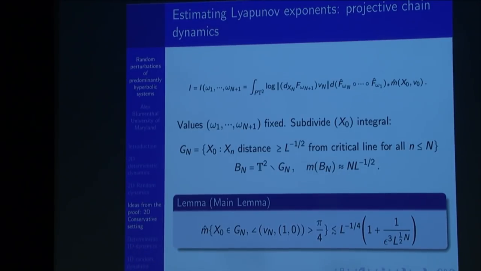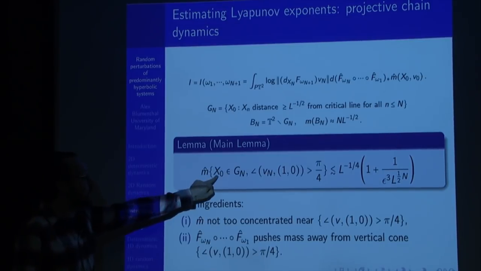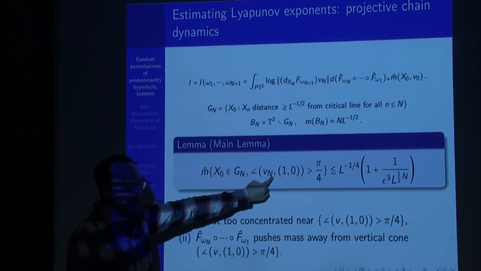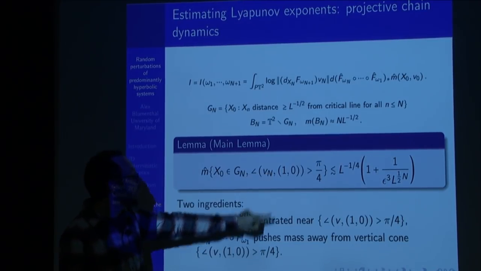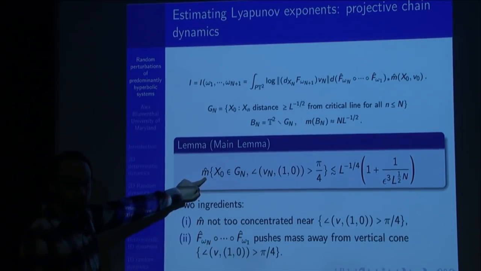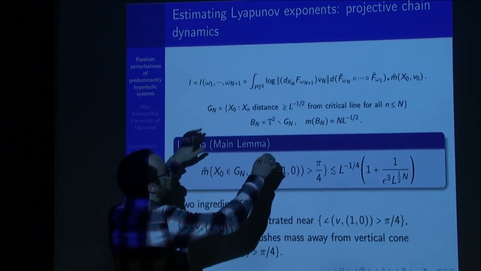Then I'm left with estimating the m hat concentration of the set of base points that are doing this good thing and avoiding the critical line, but for which the vectors at time n screw up, okay, and are pointed in the vertical direction. So if I can show that the m hat of this set is small, all right, then what will I have?